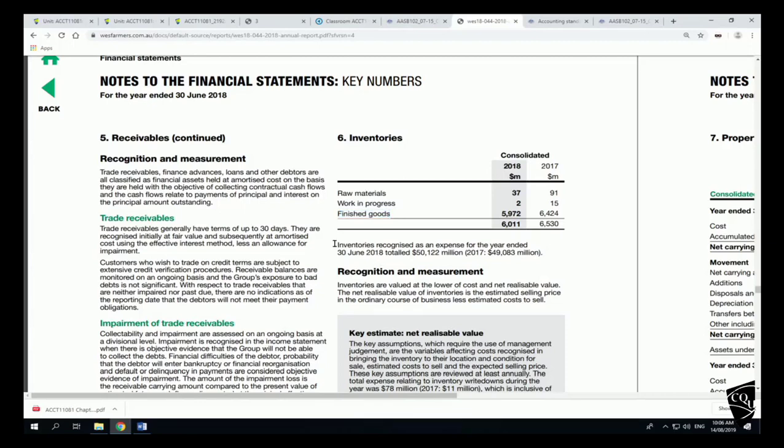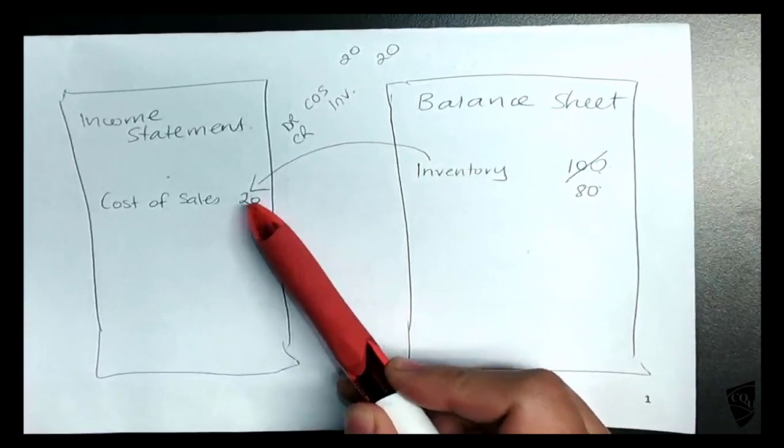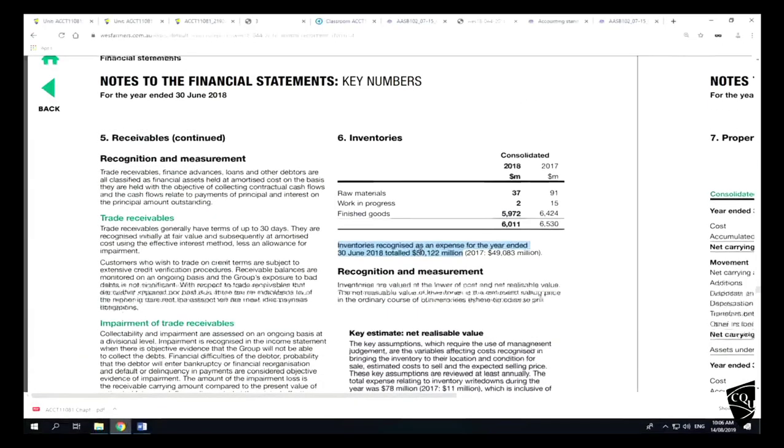Now, look at this figure here. Inventories recognised as an expense for the year totaled $50 billion. So this is the amount that has been recognised as an expense, i.e. this is the amount that Wesfarmers has done in a journal entry to move from the balance sheet over to cost of sales. So they're saying they've moved an amount of $50 billion.